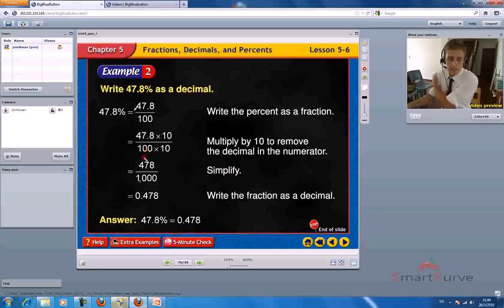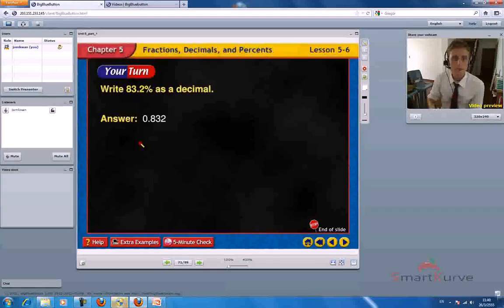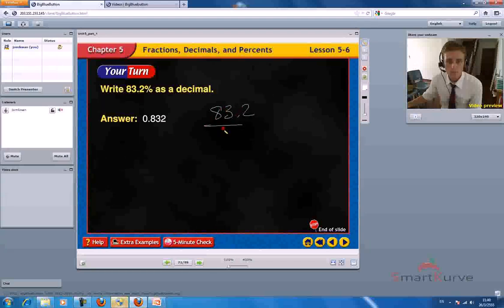Write 47.8% as a decimal. 47.8 divided by 100, 47.8 times 10 is 478 divided by 1,000, 0.478. Again, when you're dividing by 100, the decimal point just moves to the beginning of the number. Or you can find it in the thousands and move it then to the beginning.